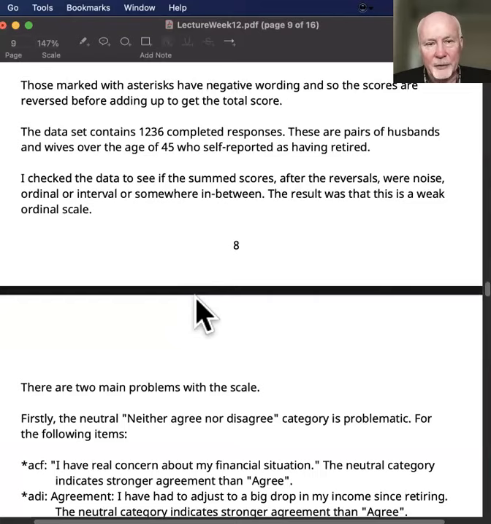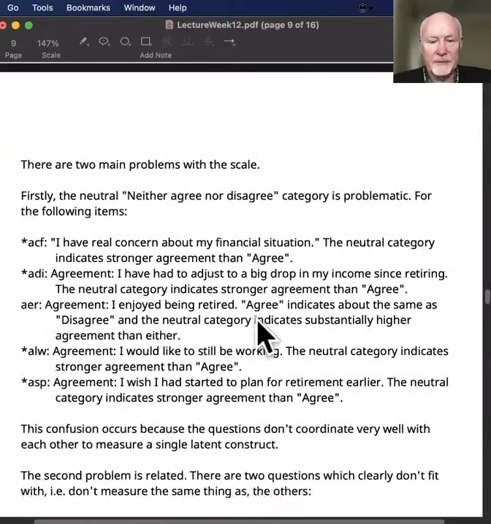Whereas if it was a properly ordinal scale, then a higher score would always mean a higher level of the latent construct being measured, which is retirement satisfaction. Now, the process for how you actually test for this is quite complicated, and I'm not going to go into it, but the result of testing this data was that it was, at best, weakly ordinal. So it was pretty noisy, and that was part of the problem that she was having. But there was other stuff going on.